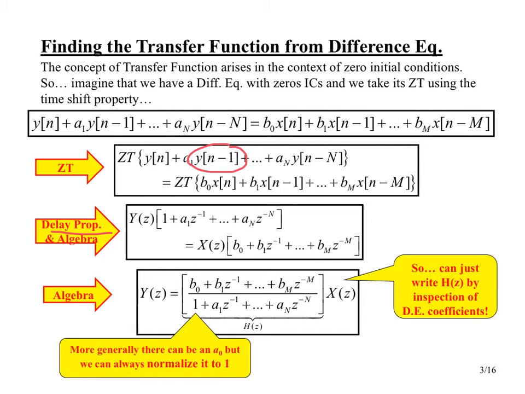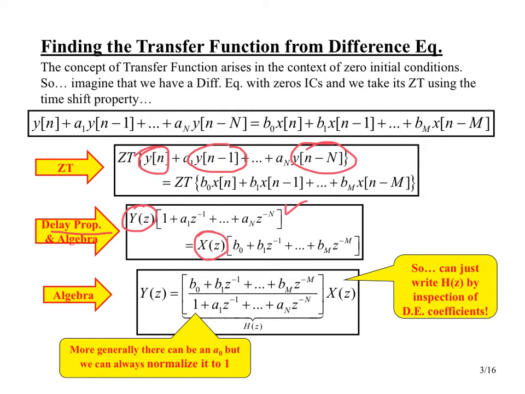Then for the next term I'll get z to the minus 2 Y of z, all the way down to z to the minus N times Y of z, and out in front, just Y of z. Every one of these terms has a Y of z in it, and I can pull that out in front. Same thing here, I'll end up with an X of z that I can pull out in front.